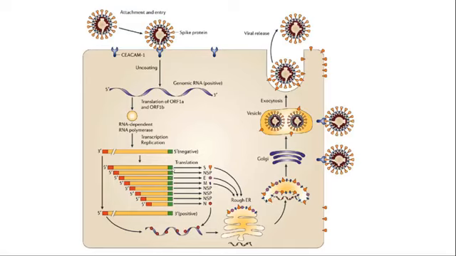Then they form proteins, and all this protein with the RNA goes into the Golgi apparatus, they pack together in vesicles, and they bud out. It's very important to know this cycle, because when you target a medication, you can plan on different sites of the replication cycle.